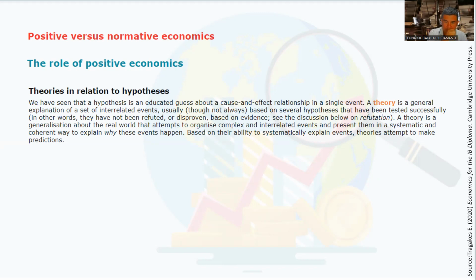We are going to analyze that discussion of refutation later on. So a theory is a generalization about the real world that attempts to organize complex and interrelated events and present them in a systematic and coherent way to explain why these events happen. Based on their ability to systematically explain events, theories attempt to make predictions.